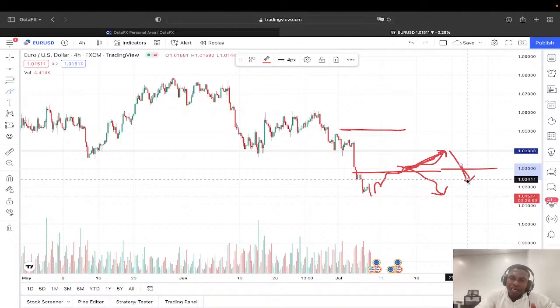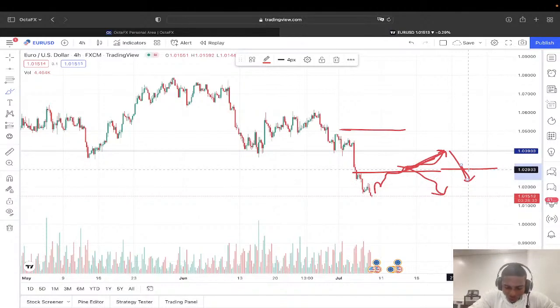Two, the more price keeps touching a particular level, the weaker the level becomes. Those are 2 things you need to take note of.